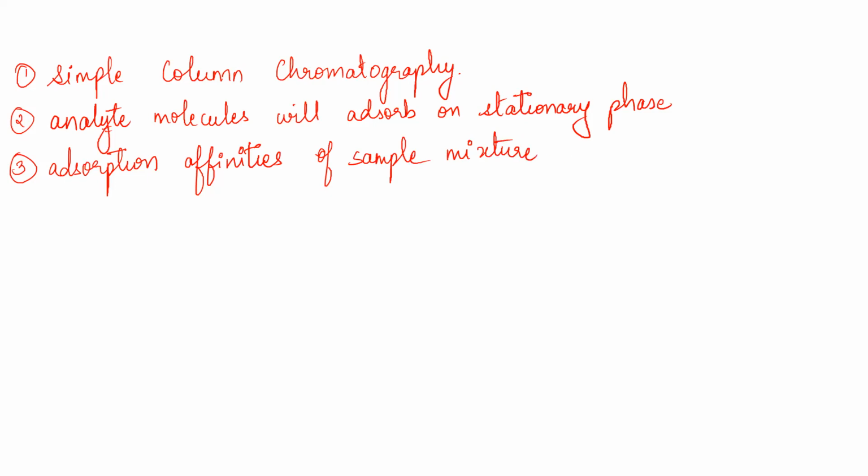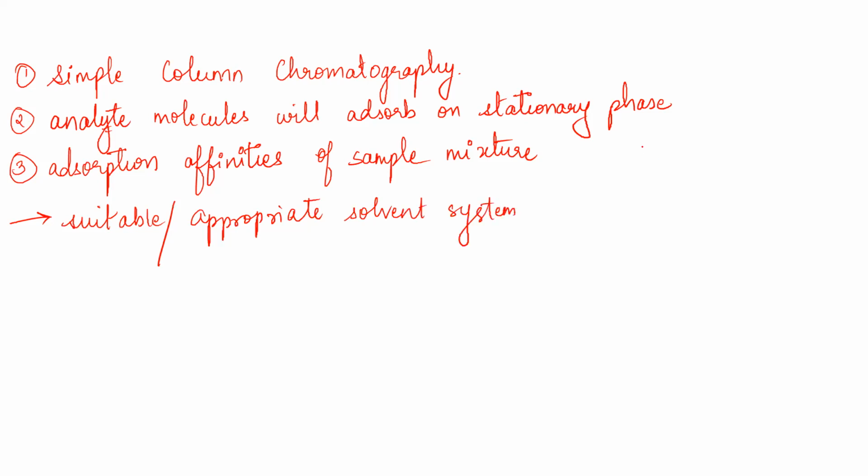Now, for the mixture to be separated, you are given a mixture that contains your analyte or analytes that need to be separated. For that, again, you need an appropriate solvent system. You again have a column here.